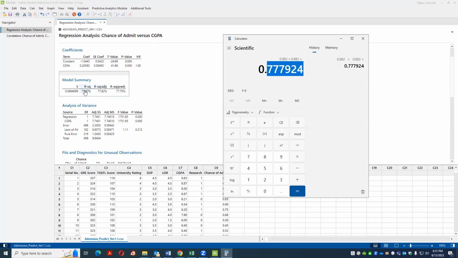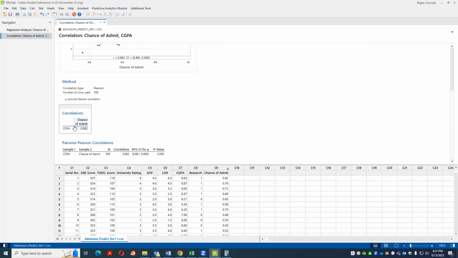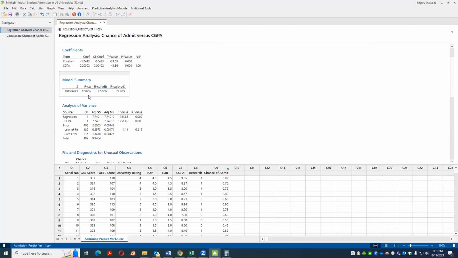So basically that is R square; there is some round-off, but this is only valid for simple regression. It is not valid for multiple regression because there is a different equation. So if you know r, you can get R square. So R square means 77.87% change in chance of admission can be explained by GPA or CGPA.